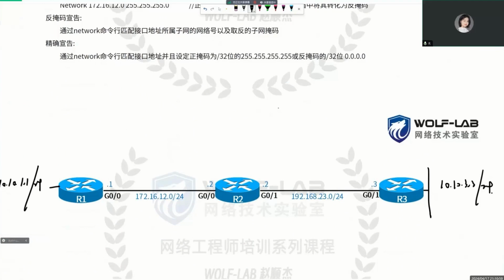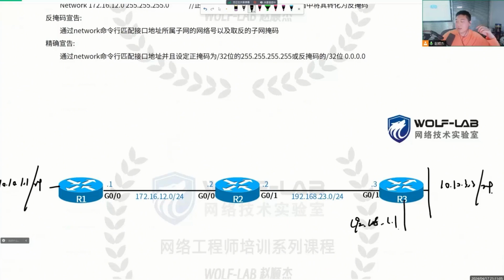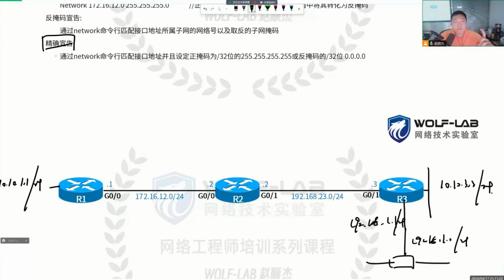What you need to pay attention to is, what is my precise declaration for? It's to activate the interface. I am trying to get this interface to run EIGRP. So what is ultimately put into our database? It's the directly connected route corresponding to the interface. Do you understand what is ultimately put into the database? It's 192.168.1.0/24.